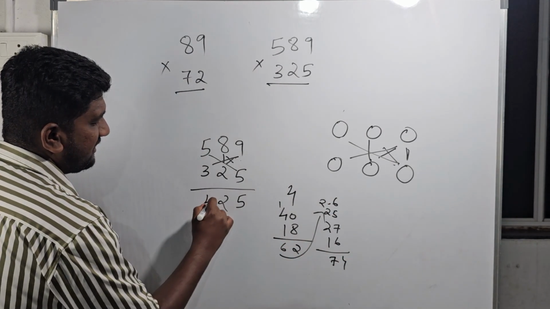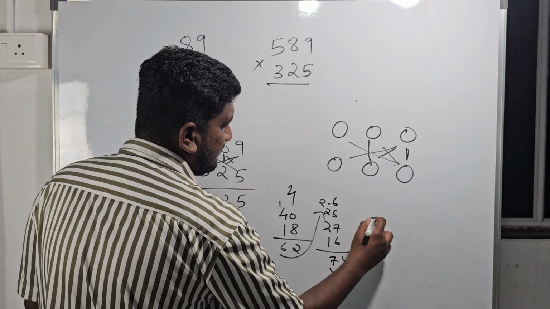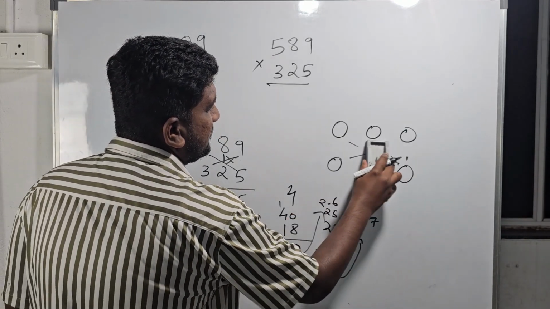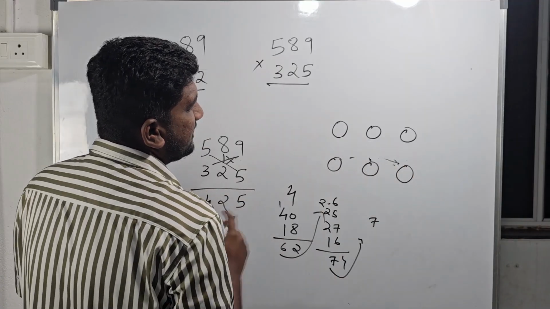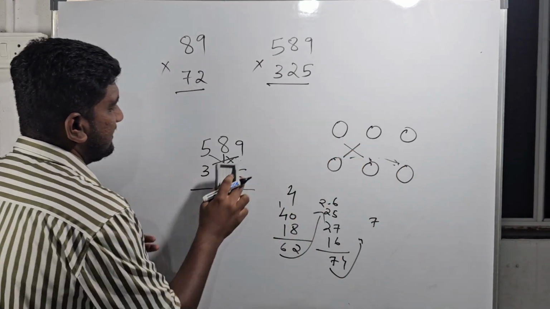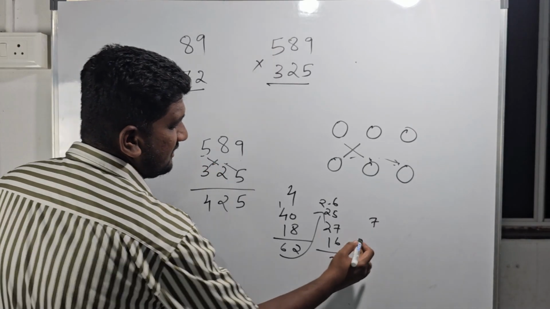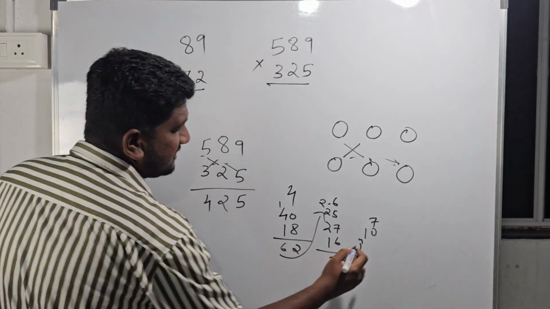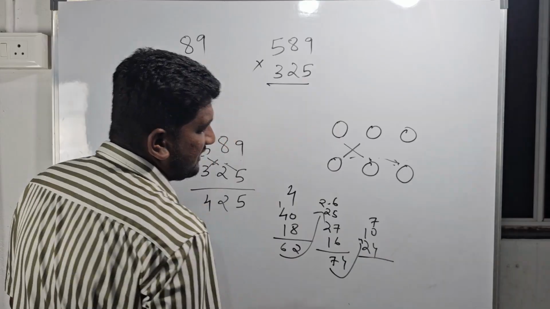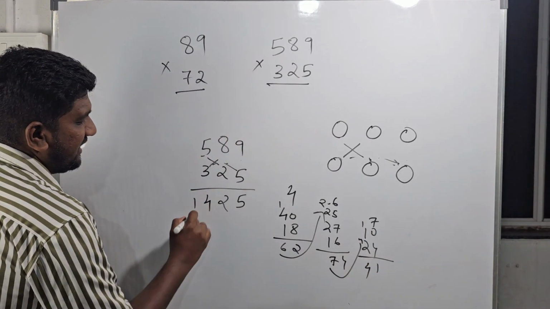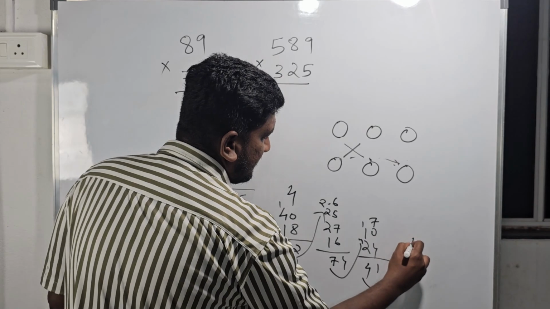So 4 I will write here and 7 I will carry forward. Then after 6 we have to multiply the last 4 digits. So this into this. So 5 times 2 is 10 and 8 times 3 is 24. We'll add all this. So this is 11 and this is 4. So 1 I will write here and 4 I will take further.